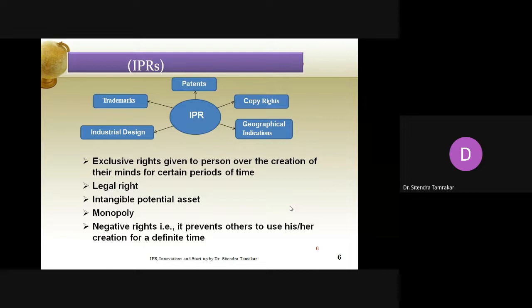Depending on the category, the time is decided, and there are lots of legal formalities while filing any IPR, and you also need to make sure everything is going the right way, because with each category there are legal or criminal cases if you have copied someone else's work. We will talk about this when we go specifically to the IPRs.